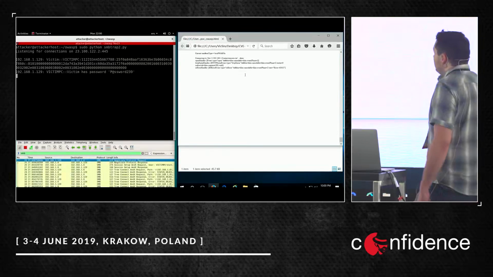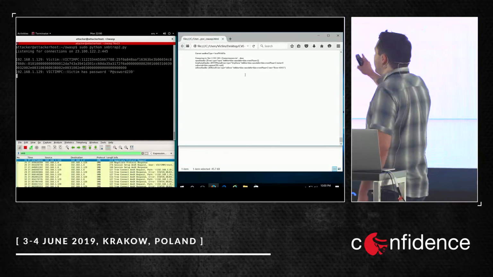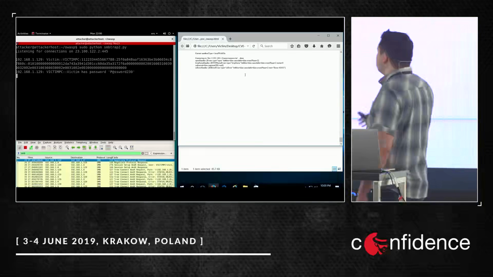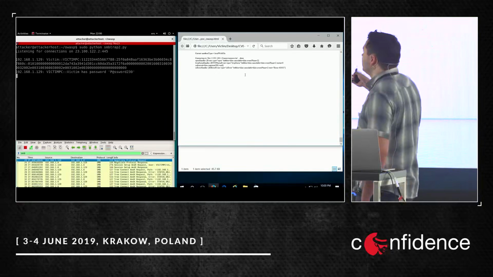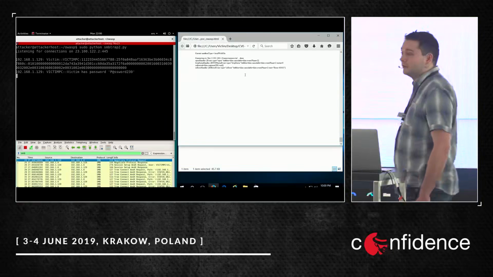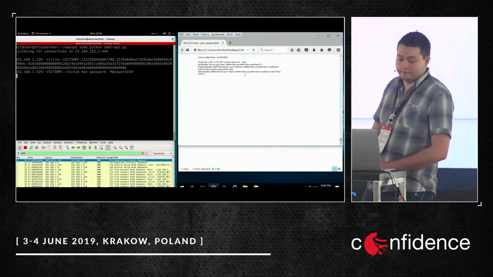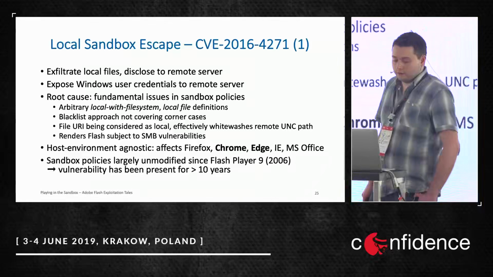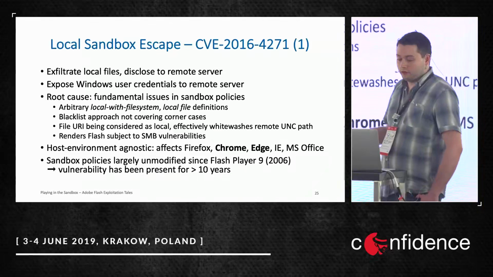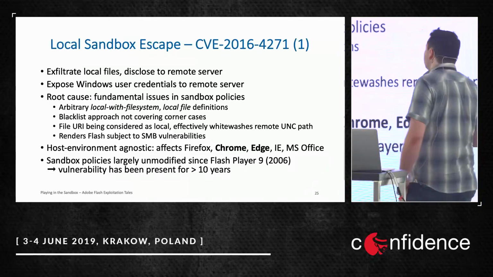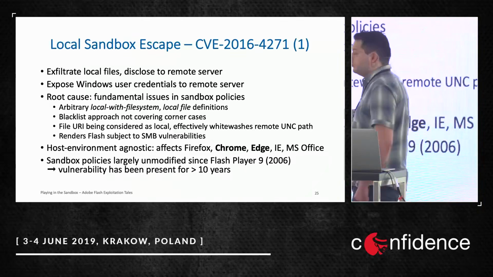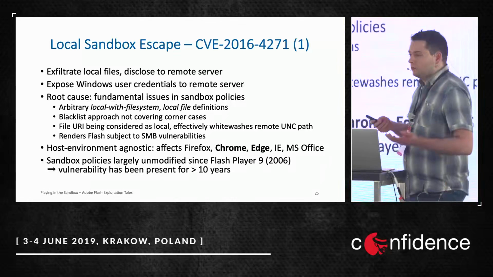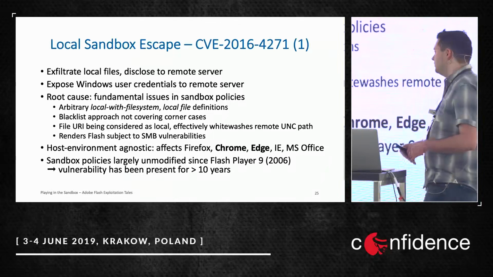And as you can see, we just escaped the sandbox, and I put a rainbow table in there, so SMB trap managed to match the hash against this very secure password. So we can exploit local files, we can disclose them to a remote server, and we can also steal Windows user credentials.